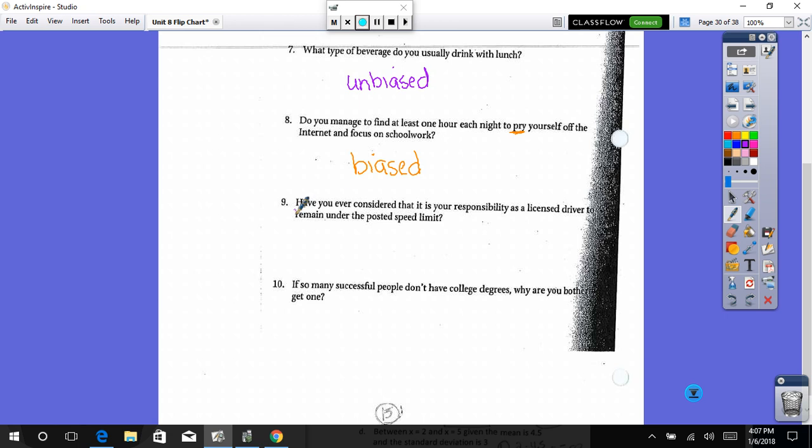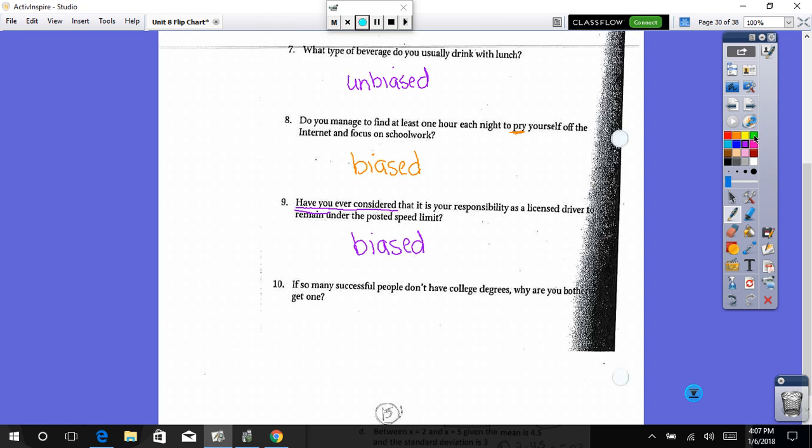It's this whole beginning, have you ever considered, that sways it in a condescending manner to me. It easily could have started at, it is your responsibility as a licensed driver to remain under the speed limit. Then it would have been fine. But the condescending, have you ever considered section throws the whole thing off.